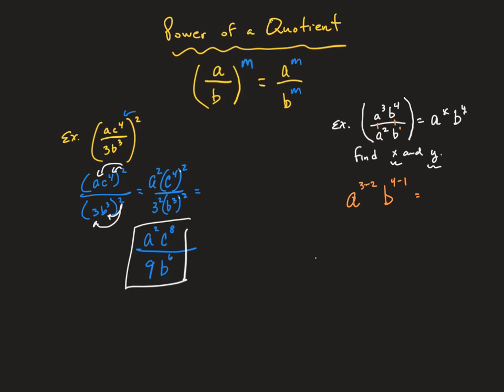And then that is going to give me a to the first, b to the third. So according to that, y is going to be equal to 3, x is going to be equal to 1. So x equals 1, y equals 3. So there you have it, as we utilize the product and quotient rules.